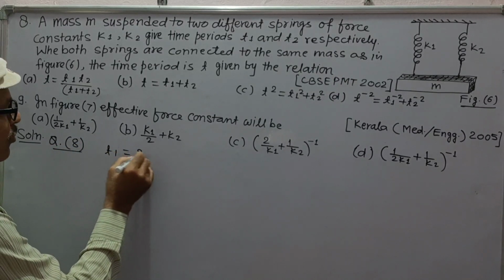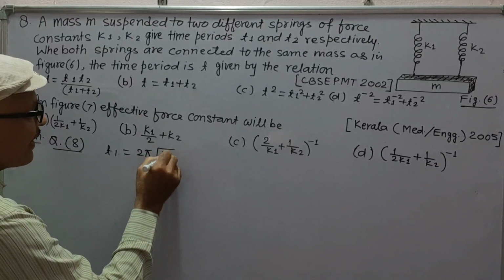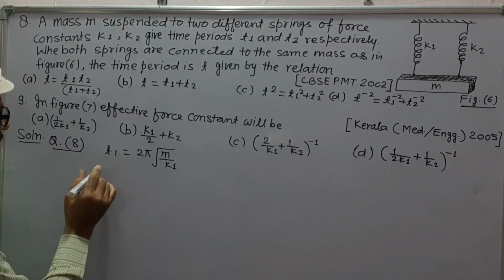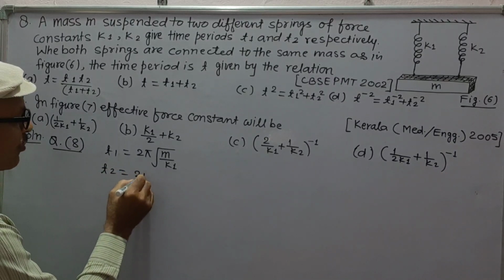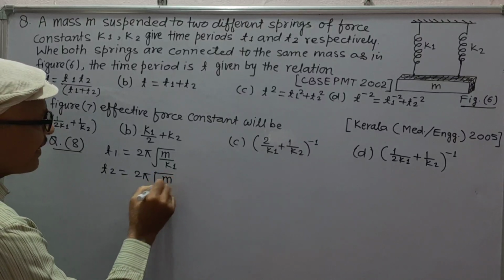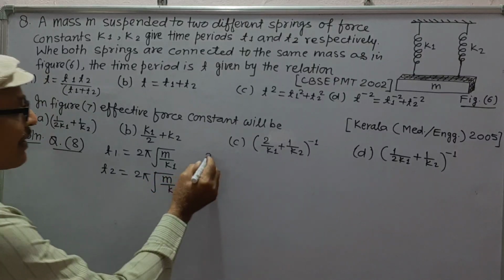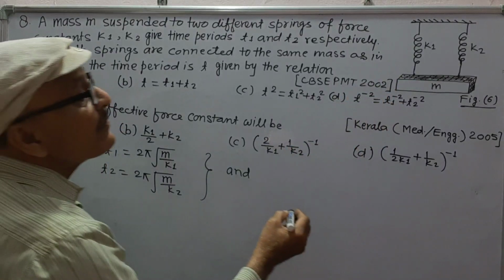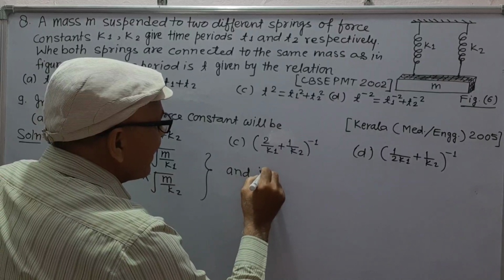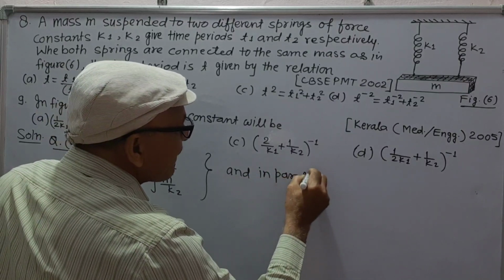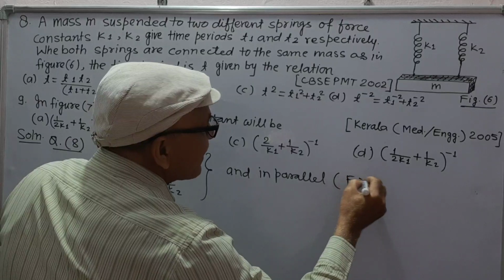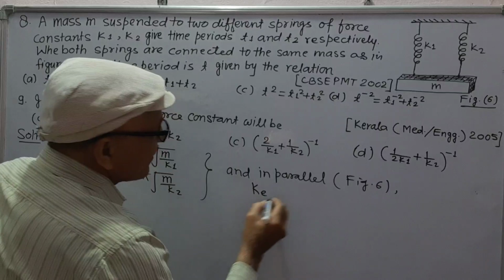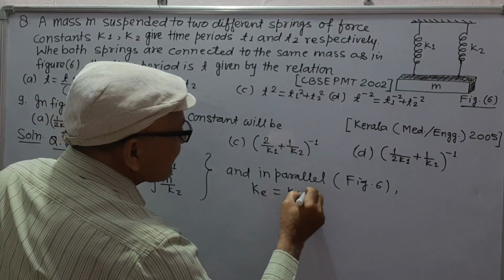T1 is equal to 2 pi under root m upon K1 and T2 is equal to 2 pi under root m upon K2. And when both springs are connected as in figure 6, then in parallel, effective force constant will be equal to K1 plus K2.